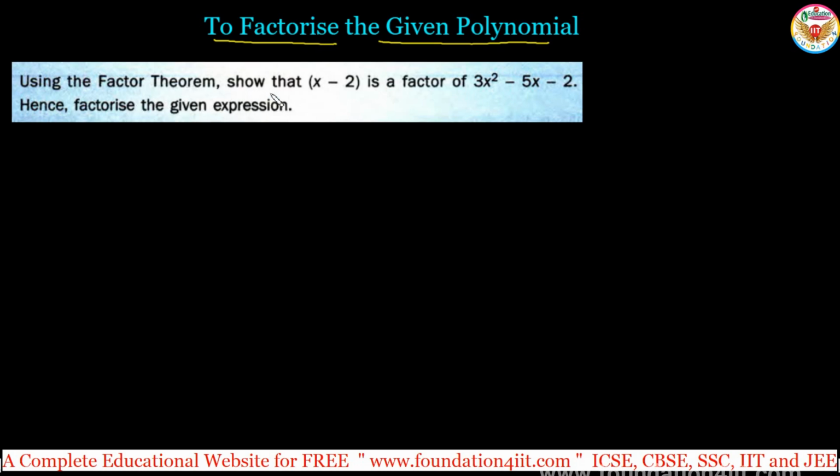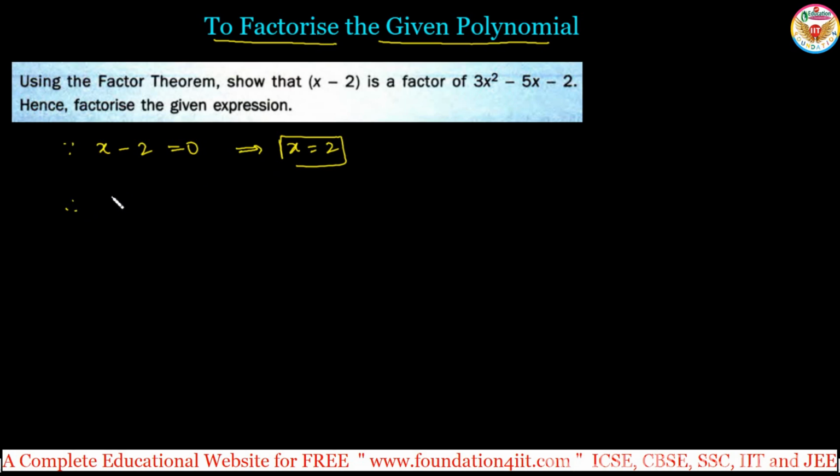First, the factor theorem will be used to show that x minus 2 is a factor. So as per the rule, x minus 2, let it be 0. From this, x is equal to plus 2. Right? Now wherever x is there, you have to substitute 2, then the remainder should be 0.